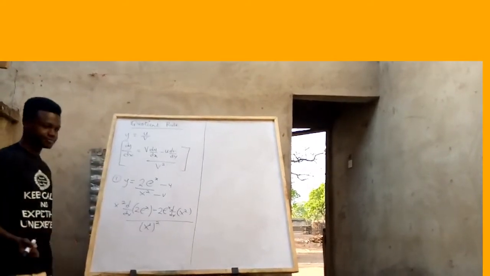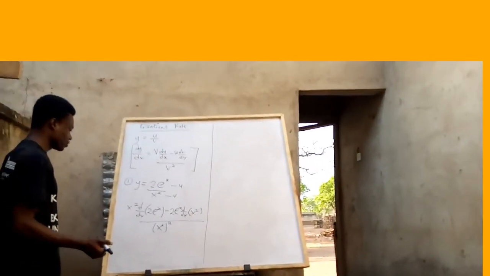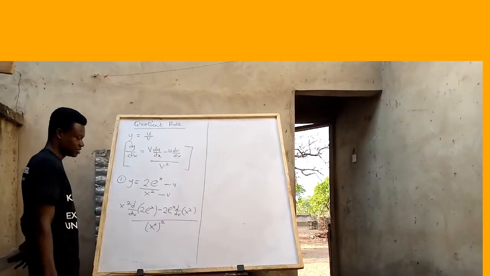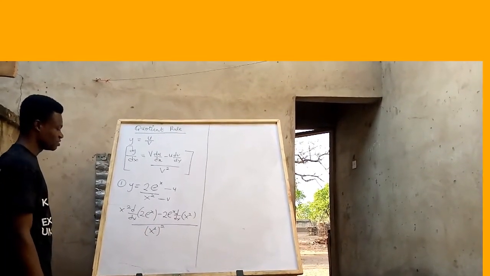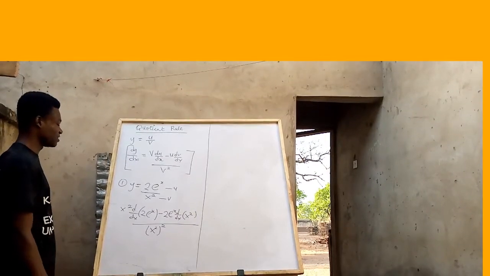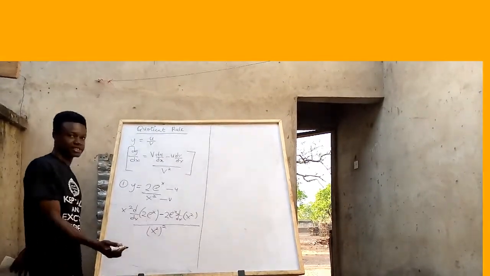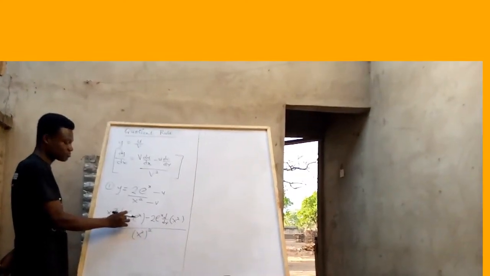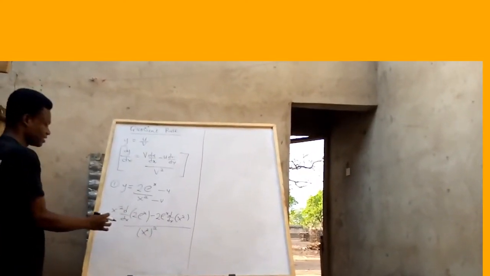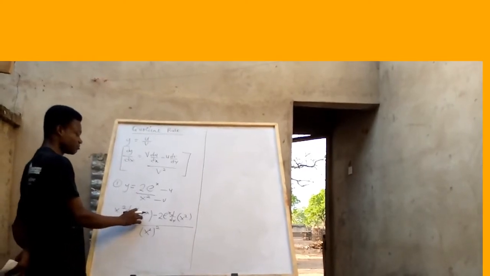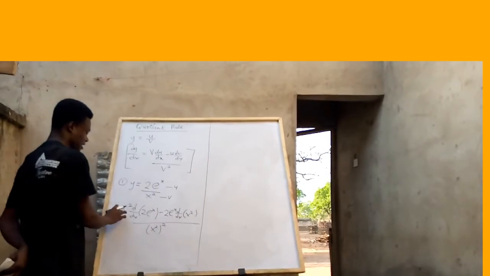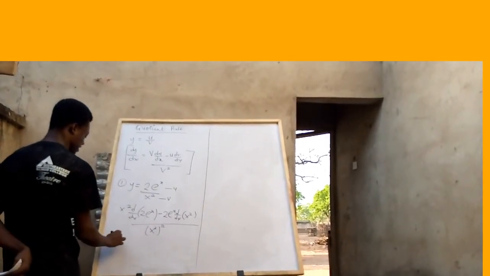Alright, so let's find the derivative here. When I differentiate 2e raised to power x, I'll get the same thing, 2e raised to power x, and then this x squared will remain.